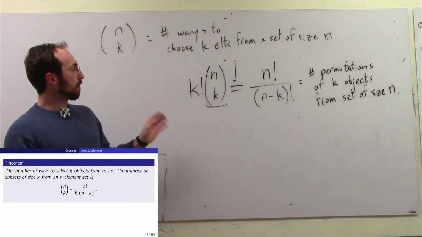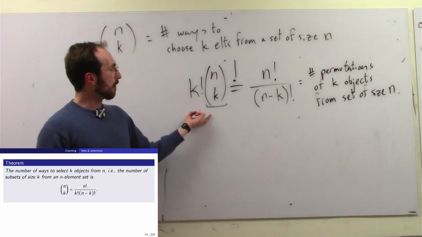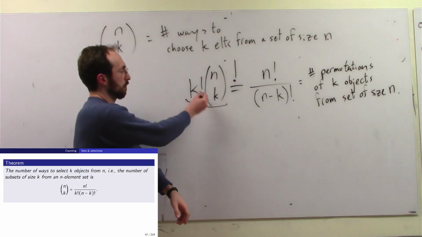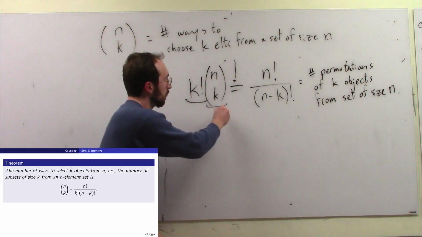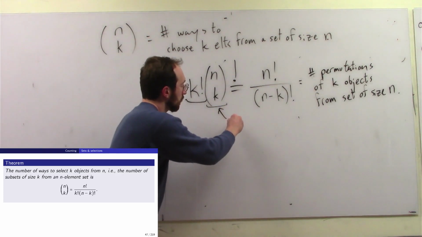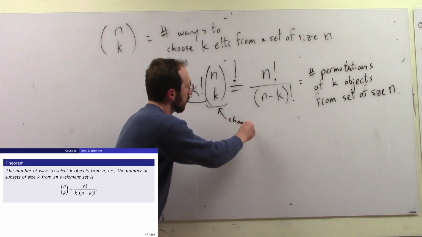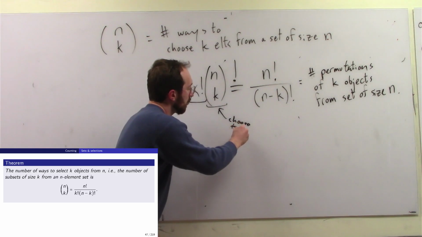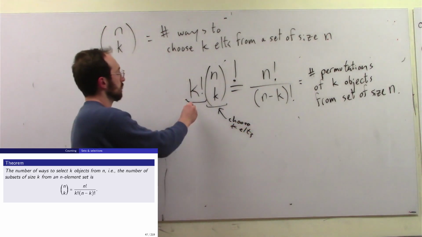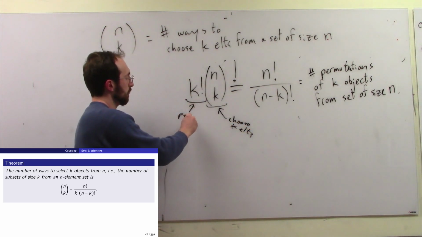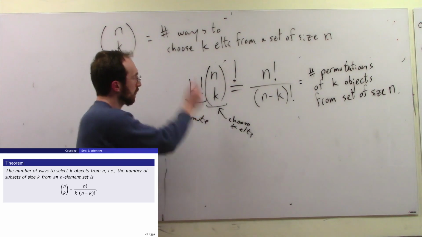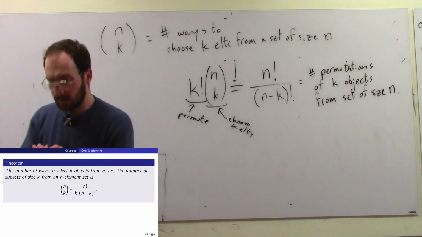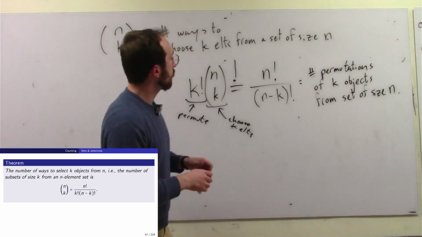Now that I have my k elements, I permute them. So let's write that down. Choose k elements, and we permute them. And that actually is our proof.